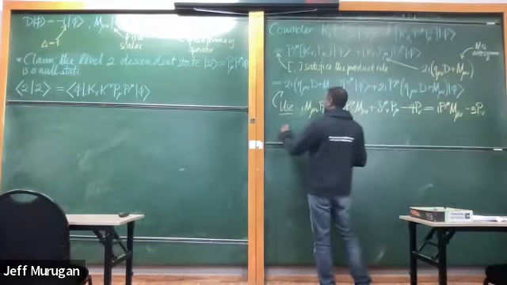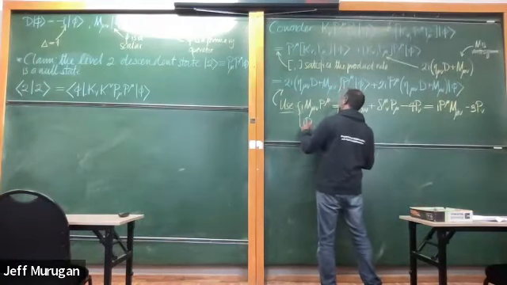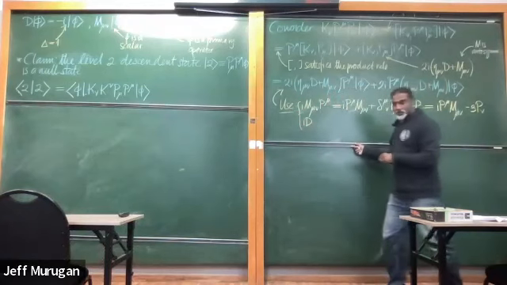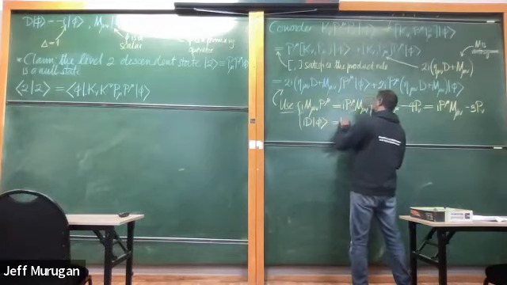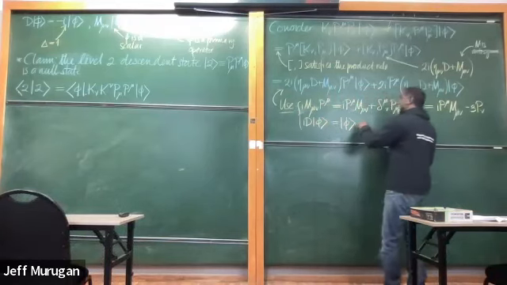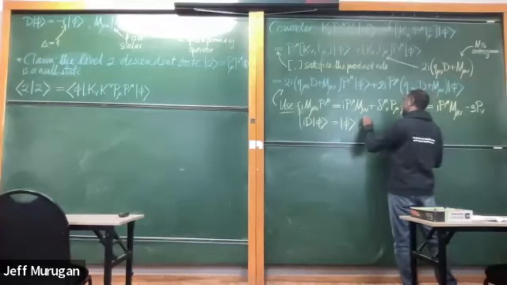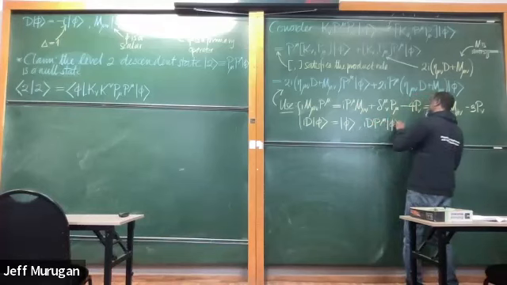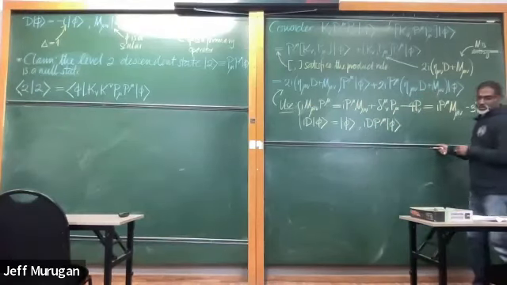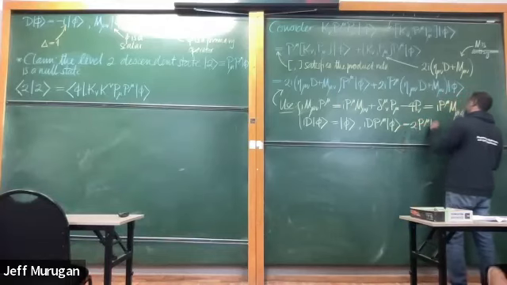And then I know also that i D acting on phi is phi. i D P mu acting on phi is just 2 P mu acting on phi.